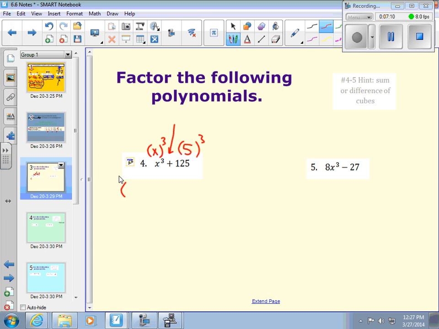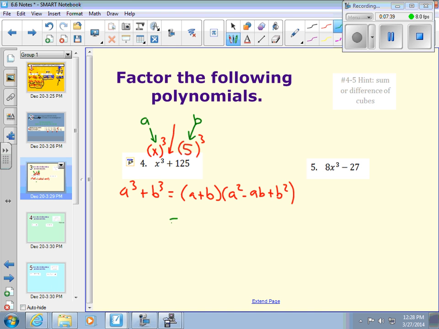The factor pattern we're using says a cubed plus b cubed equals a plus b times a squared minus ab plus b squared. So what is our a and b that we're putting in here? In this case, this is your a, the x, and the b is going to be 5. So anywhere we see an a, put an x. Anywhere we see a b, put a 5.